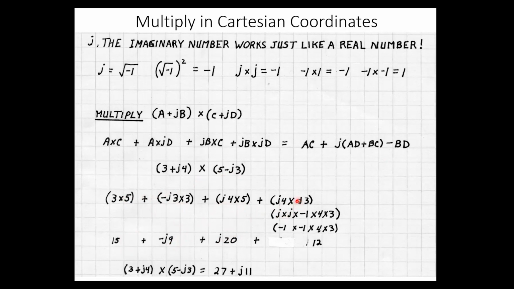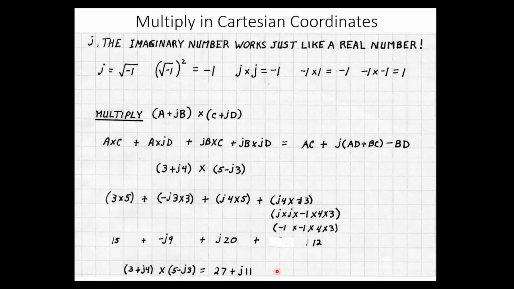But this one is a minus, so I multiply that times minus 1, and then I've got 4 times 3. So minus 1 times minus 1 equals positive 1, times 4 times 3, so now it equals plus 12. So now I've got 15 minus j9 plus j20, that simplifies to j11, plus 12. 15 plus 12 equals 27. So multiplying those two numbers together, I've got 27 plus j11.